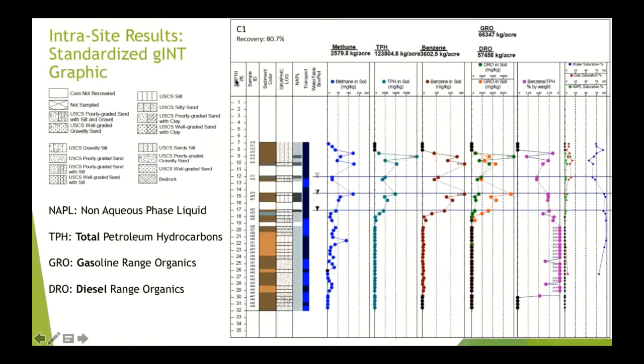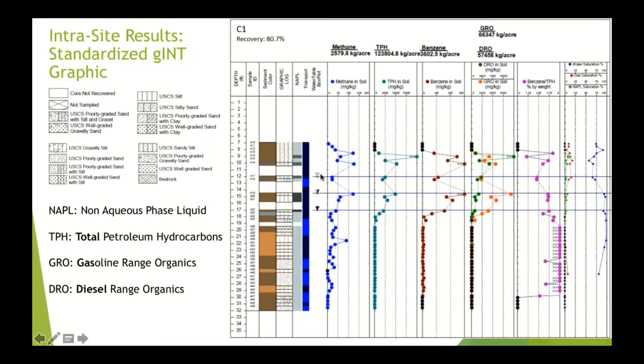Starting from the left side, looking at data by depth, we have the depth from ground surface, sample ID, sediment color, USCS graphic log corresponding to the legend, NAPL fluorescence with light gray meaning nothing, and then the darker grays increase with increased fluorescence. The transport column, gray or black is low-K and blue is transmissive.